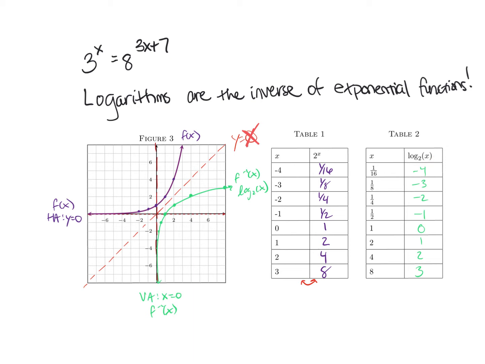I'll talk about the pieces of a logarithm in just a moment, but the main point is that this logarithmic graph is just a reflection of our exponential graph, or like we said, the inverse. And now instead of having a horizontal asymptote, we have a vertical asymptote at x is equal to 0. So they are inverses of each other.